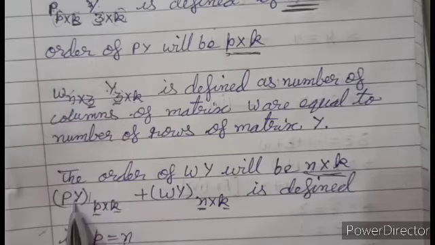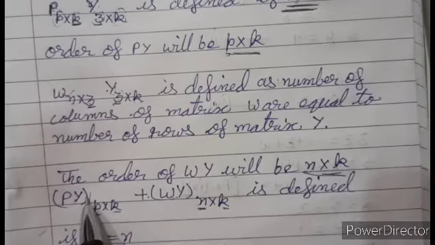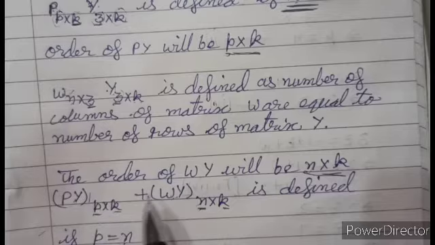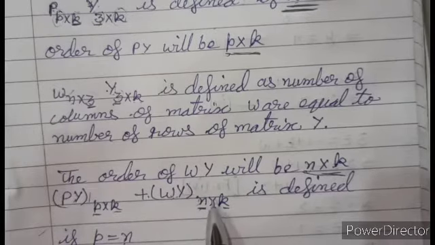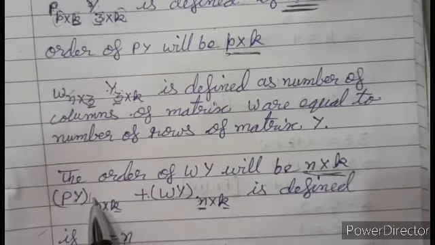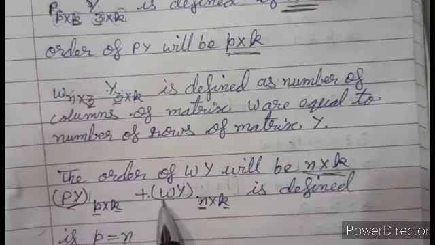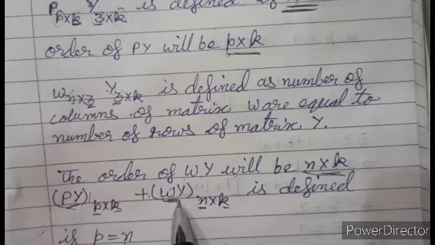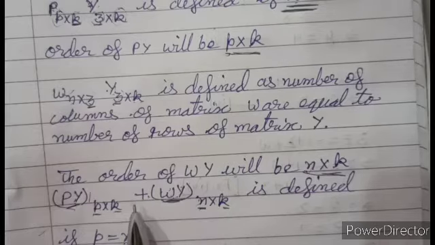Now PY plus WY. PY is of order p by k and WY is of order n by k. This sum is defined if the order of PY is equal to the order of WY, because two matrices can be added only if their order is the same.